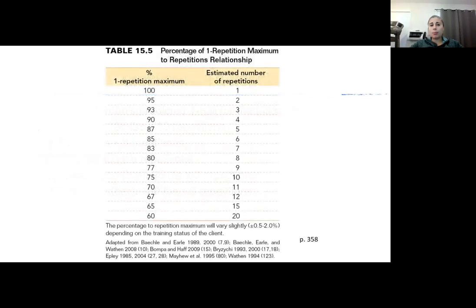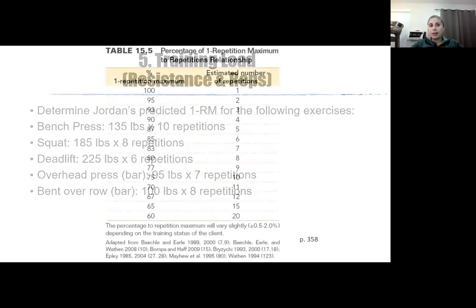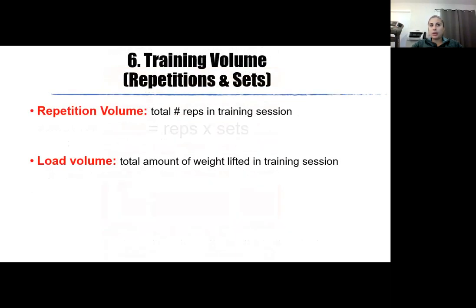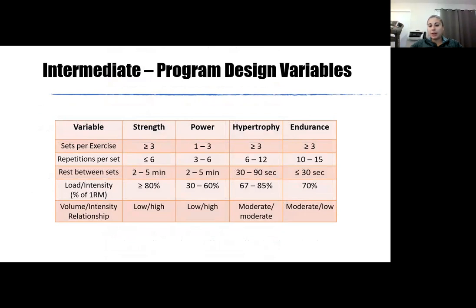So if you want, we can practice seeing what we get, but the idea is that you get a predicted 1 rep max, and then from there you'll know their max, and then we can work at it as a percentage, right? And so if we continue, because he's intermediate hypertrophy, 67 to 85% of what his max was, right?